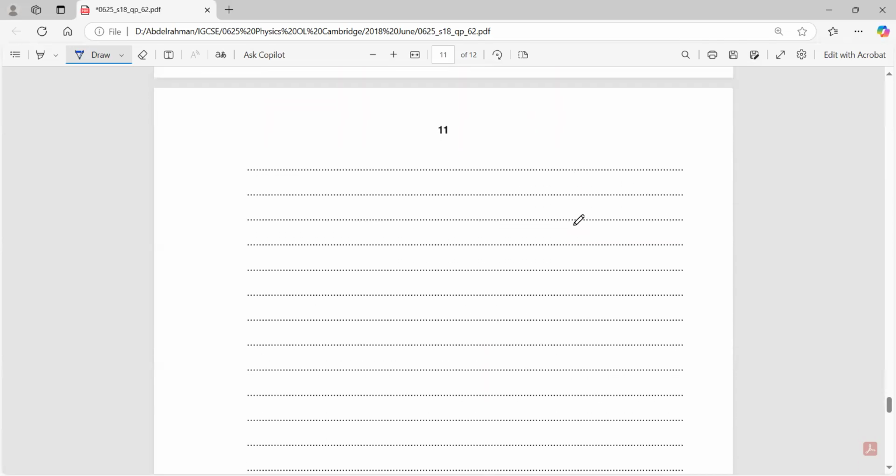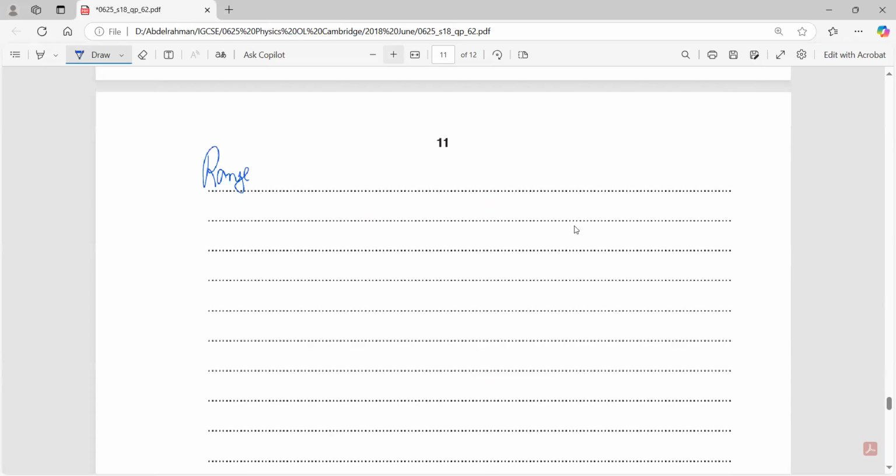We need to write down the thing that we will be changing, the range of values. The independent variable is the mass of the truck. Since this is a toy truck, it would be reasonable to not use very huge masses.